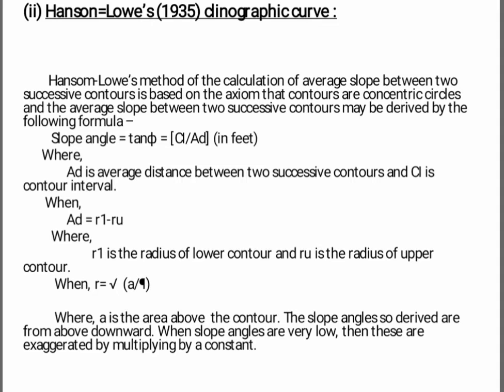The next is the Hanson-Lewis clinographic curve. The Hanson-Lewis method of calculation of average slope between two successive contours is based on the axiom that contours are concentric circles, and the average slope between two successive contours may be derived by the following formula.